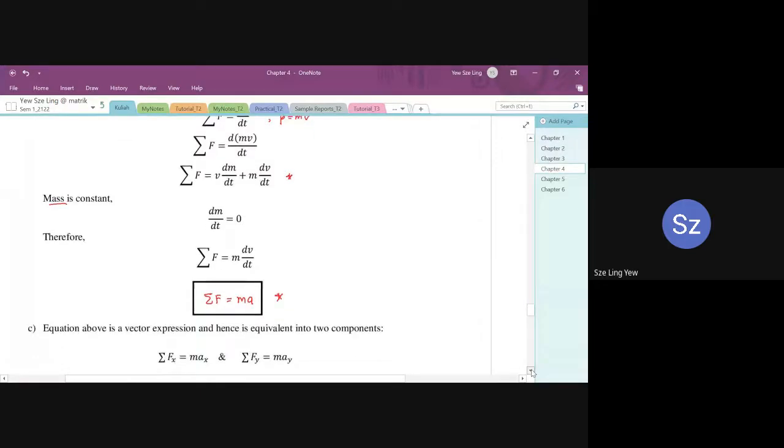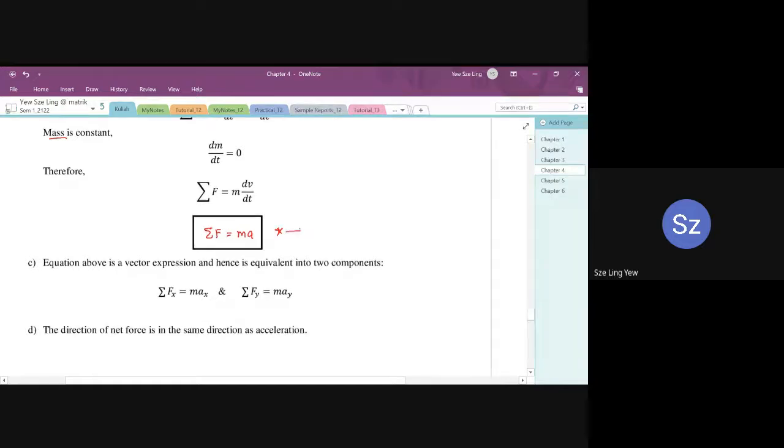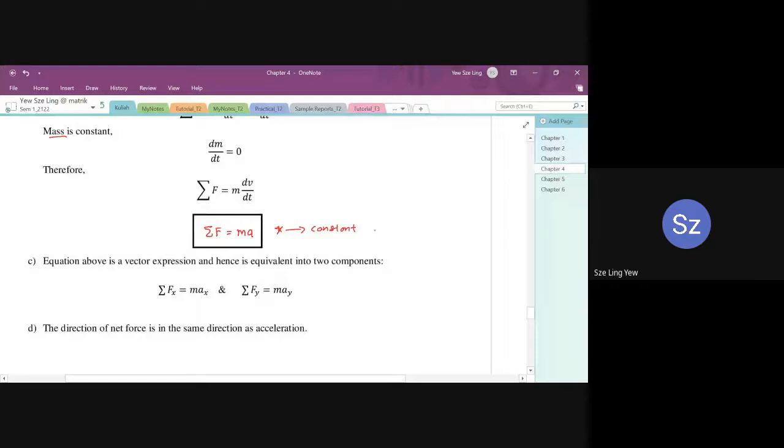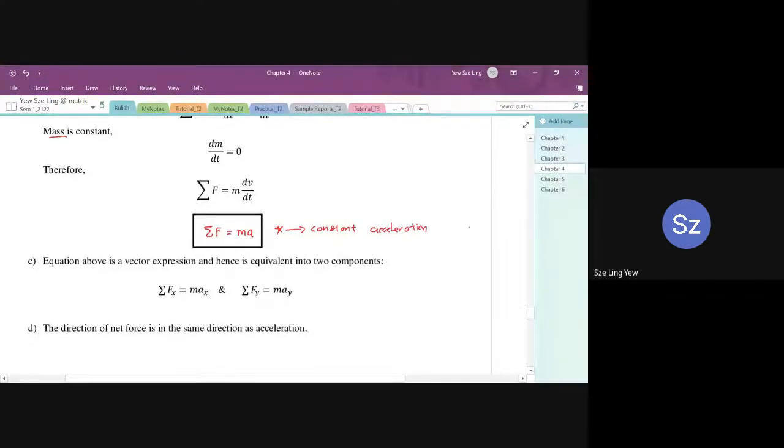So in Newton's second law, it says the object is moving with constant acceleration. That is the keyword, because now you have an equation that comes with a. Therefore, in this case, we have something that is moving with constant acceleration. So this is the keyword that tells us whether we need to apply Newton's first law or Newton's second law.